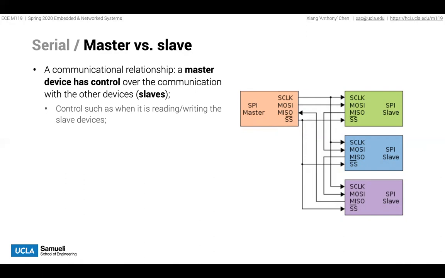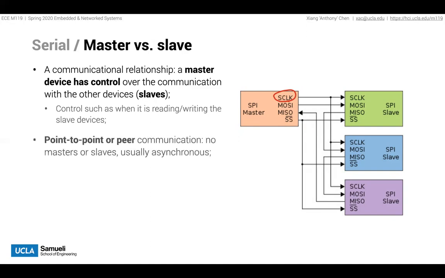These master devices usually have some sort of master clock signal, which will govern the behavior of the rest of the slave devices. In comparison, if a relationship is not master versus slave, it's very likely to be point-to-point or peer communication, which means each device is of equal relationship with the others.